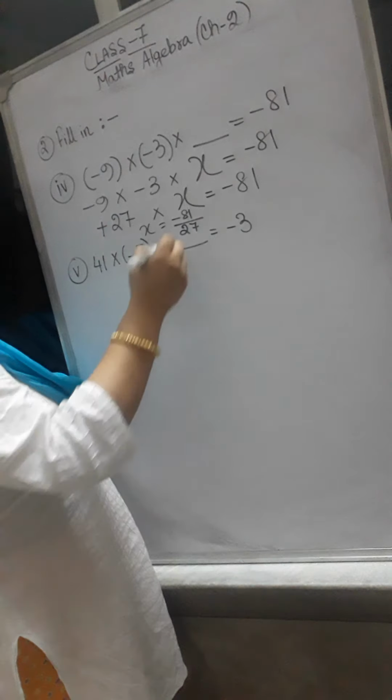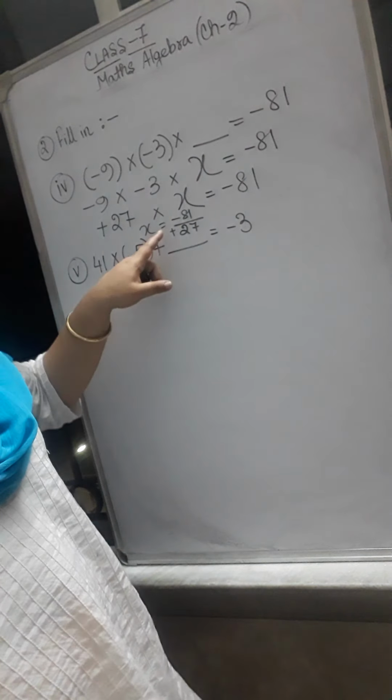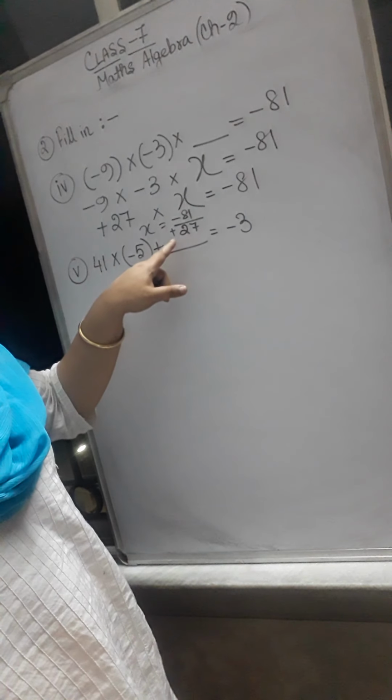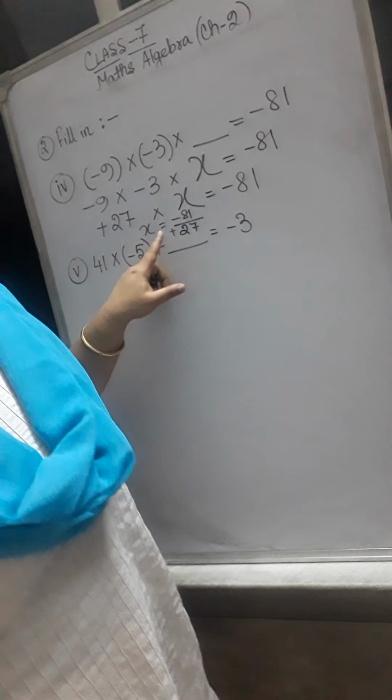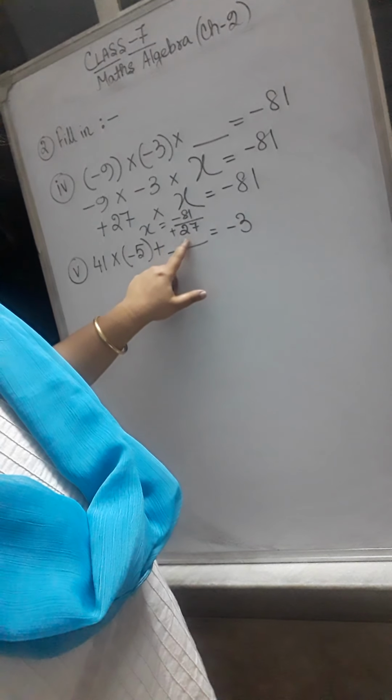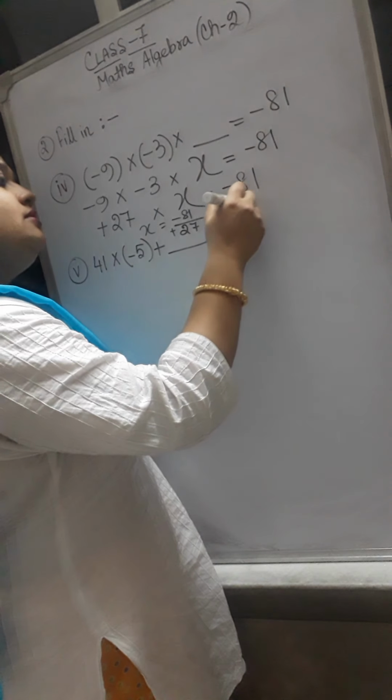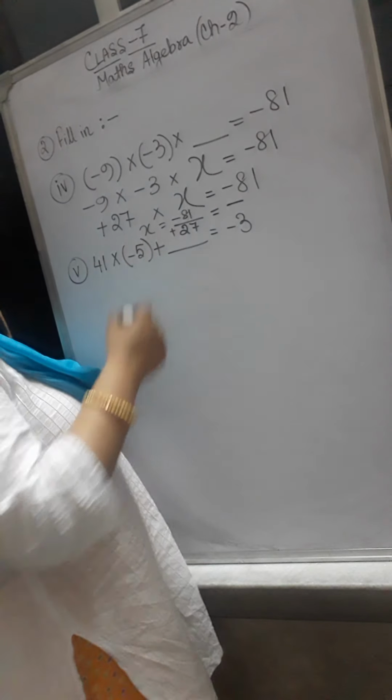Now again, in case of division, when the numbers have opposite signs, see, minus 81 and this is plus 27, minus and plus, the result will always have a minus sign. And cancel it to find the result.